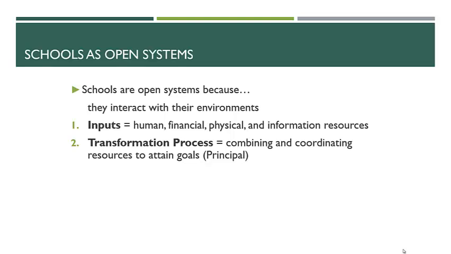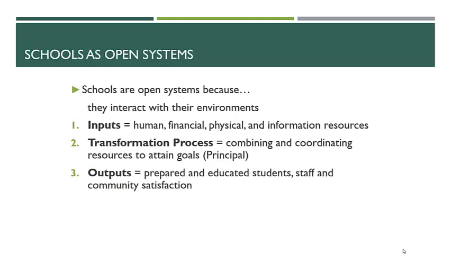And we're going to put all those things together, and the principal is going to be in charge of this transformation process so that the inputs that we get, primarily students, but also these other inputs, will ultimately go through this transformation process that is designed by the principal and become this output, the goal that the principal has set. Prepare and educate student staff to the community satisfaction. Okay, and here we mean community in a broader sense.